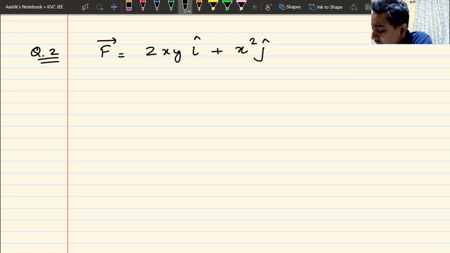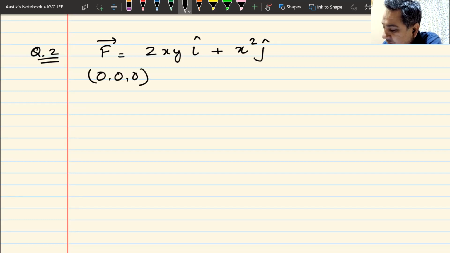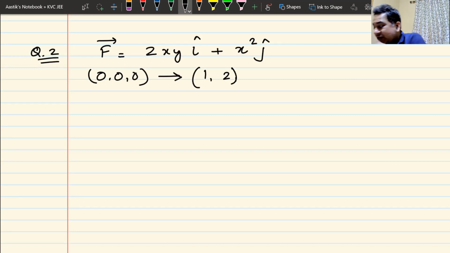And I have to find out the work done by this force from the point origin. So I'm making one point as origin to the next point, and the next point is 1, 2, 3. I don't have to write 3 because this is a two-dimensional force. So let me just leave out 3. From origin till the point 1, 2, what is the work done by this force?